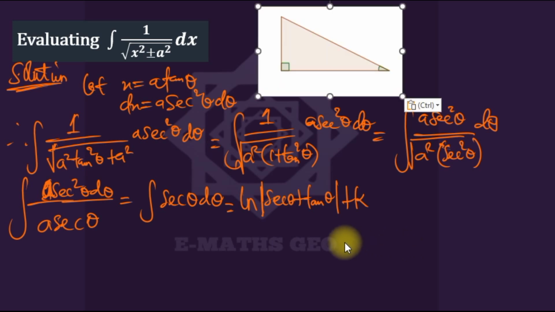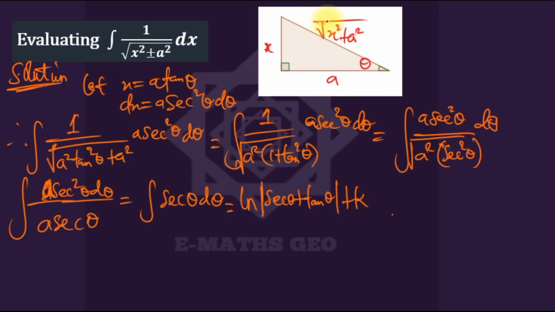Okay, look at this. They state tan theta is x over a. That is, if here is theta, tan is now x over a. So the hypotenuse will be the square root of x squared plus a squared.